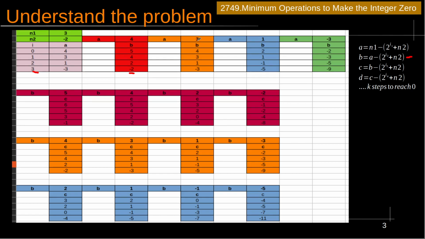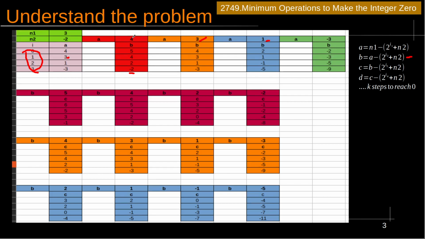For a equal to 3, b will be 4, 3, 1, -3 for each power. For a equal to 1, b will be 2, 1, -1, -5. For a equal to -3, b will be -2, -3, -5, -9.